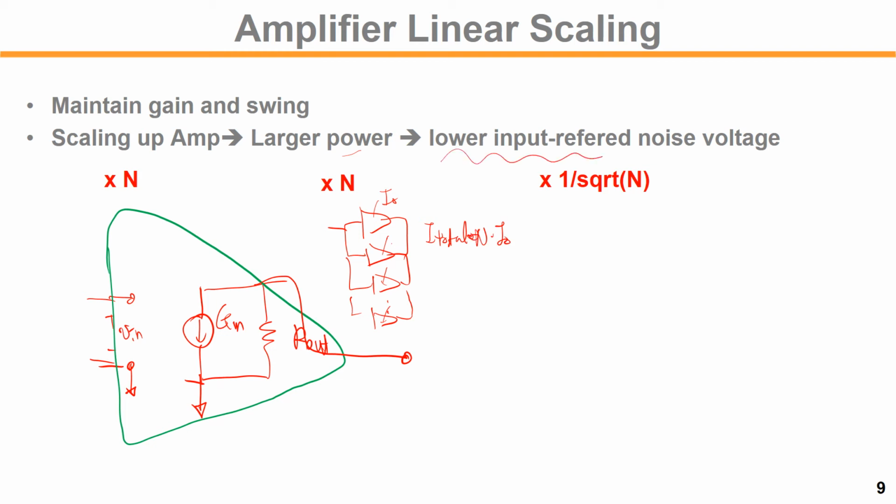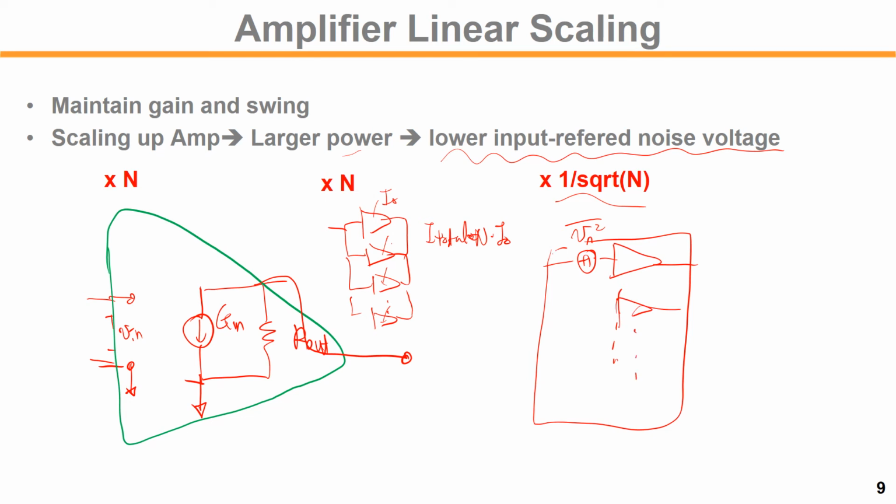Now what about the input reference noise voltage? For example, each amplifier has an input reference voltage source Vn square.